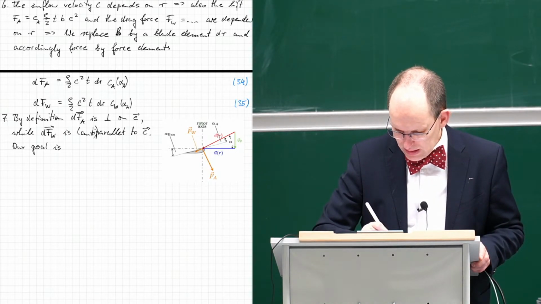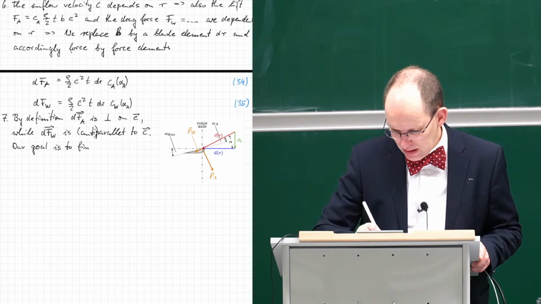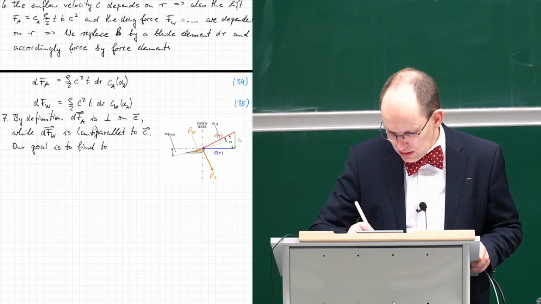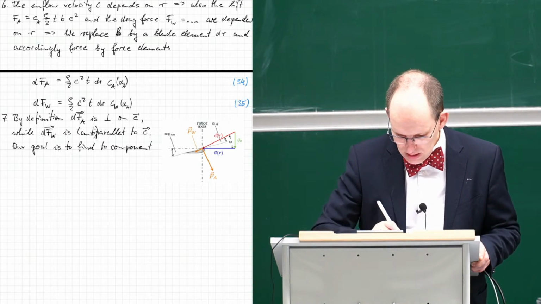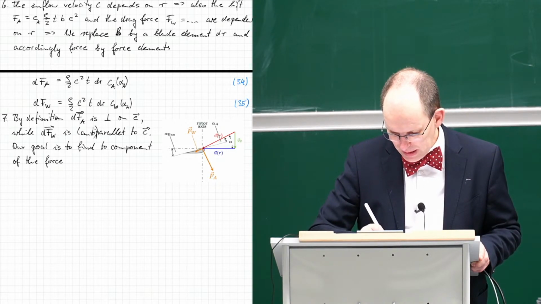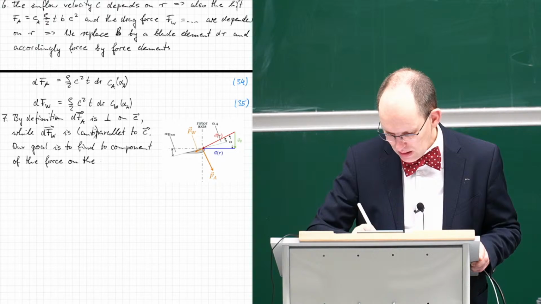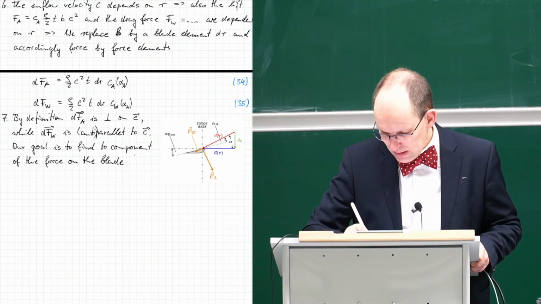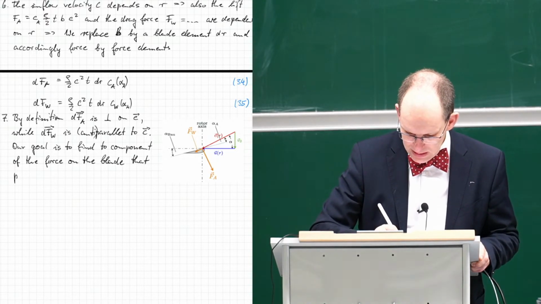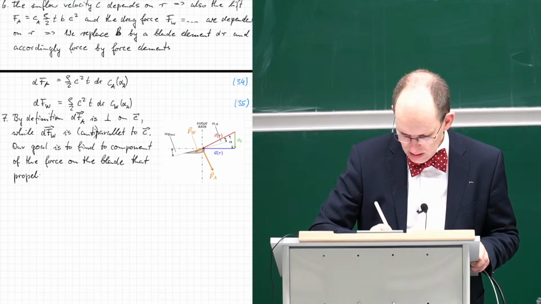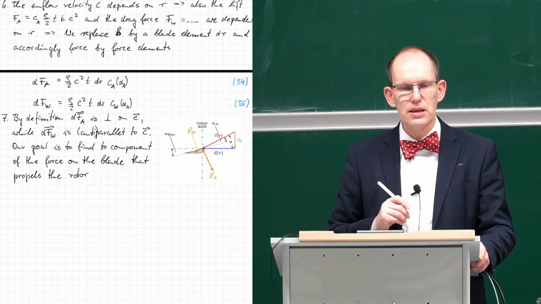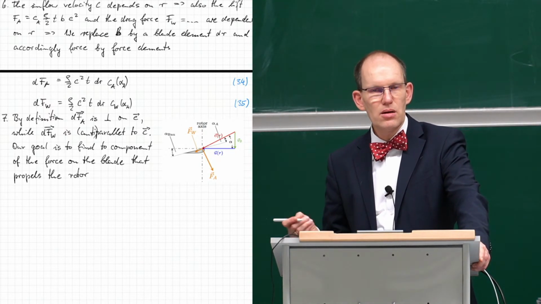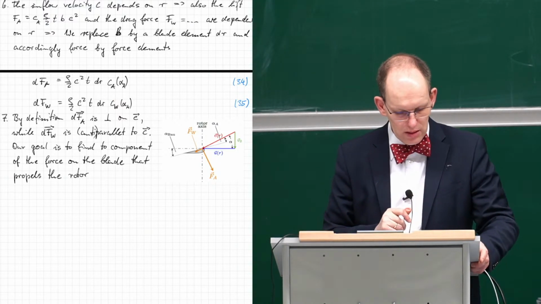Our goal is to find the force, or rather the component of the force on the blade, that propels the rotor. And we've seen already, this is certainly the component that's parallel to the plane of the rotor.